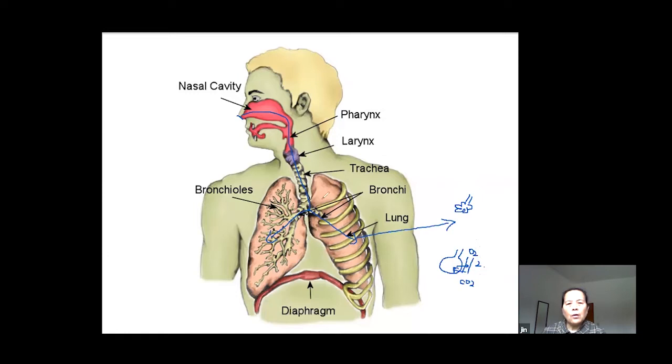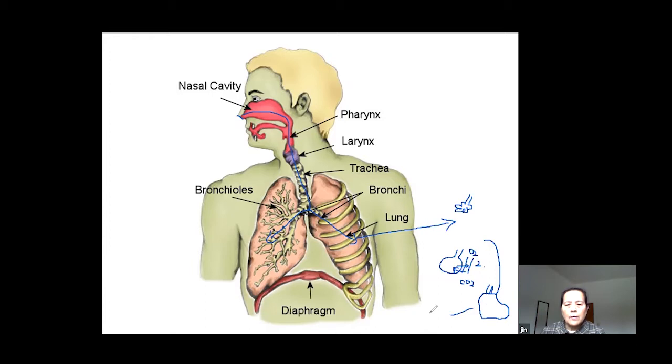And then they follow the blood circulation. They will go to the heart first, like when we talked about the circulation system. They go to the left side of the heart, and then are sent through the big blood vessels to the tissues.